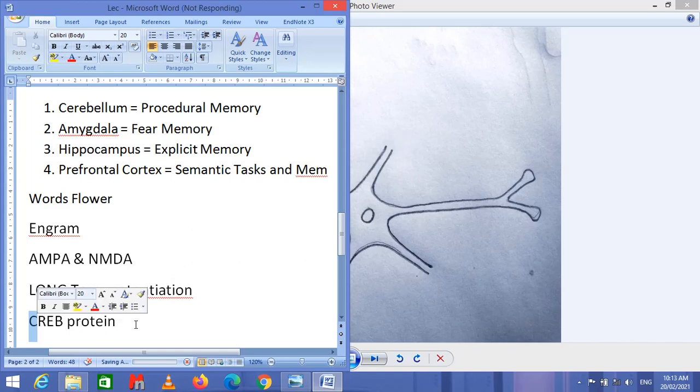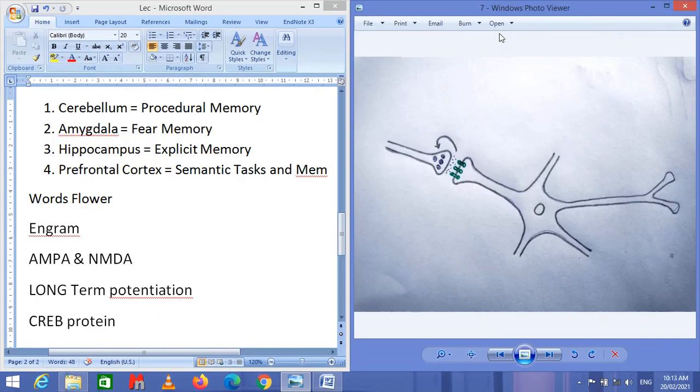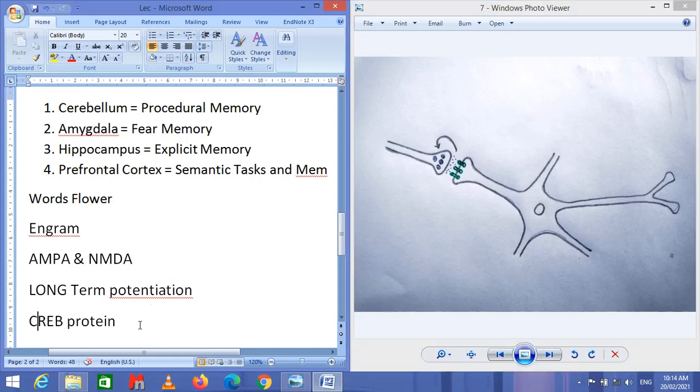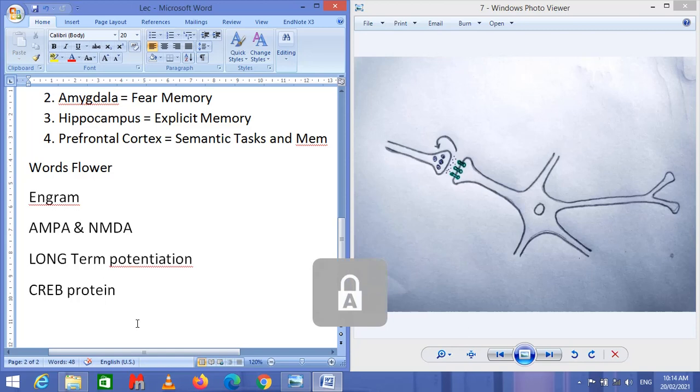After binding with the cAMP, it will form an element that is called CRE element, or cAMP response element.